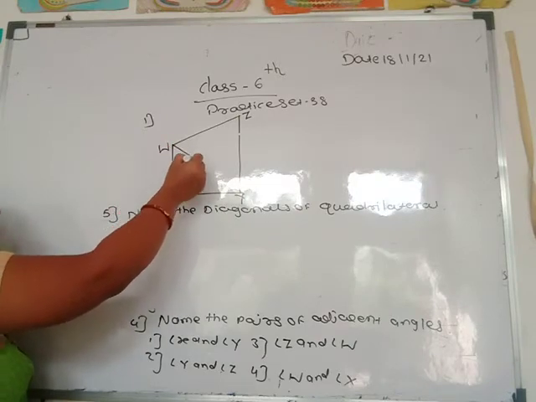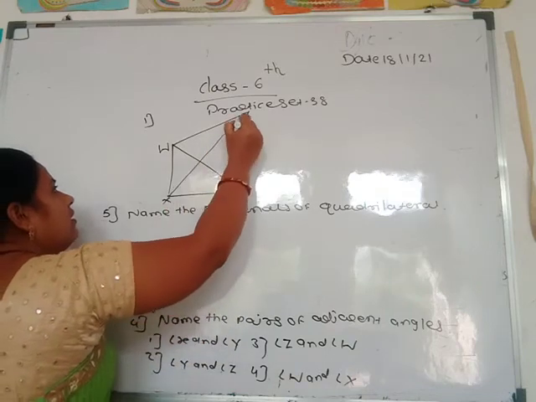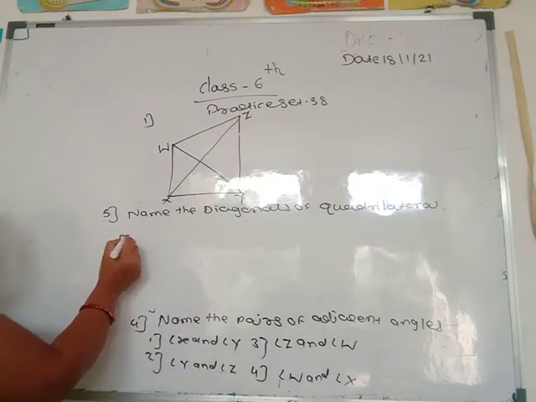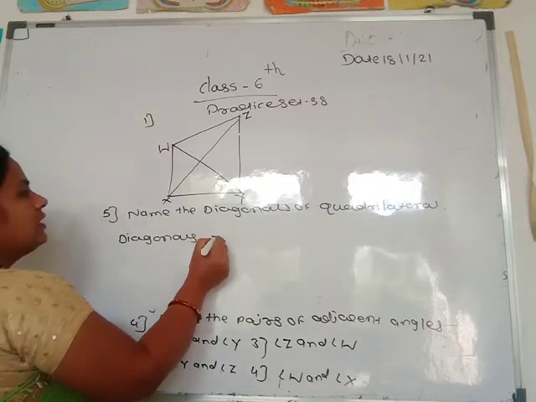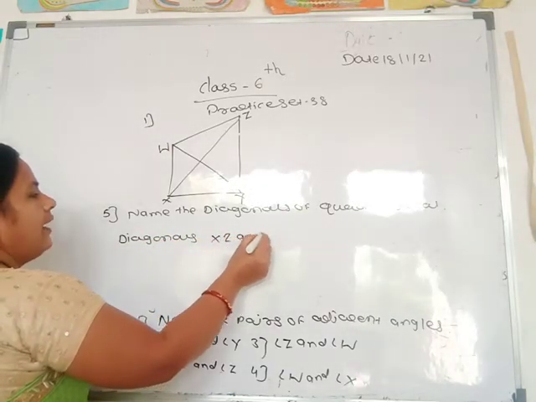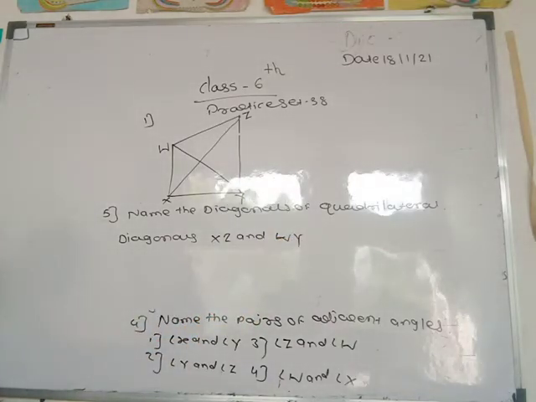You join the vertices of opposite sides, and here the diagonals are XZ and WY.